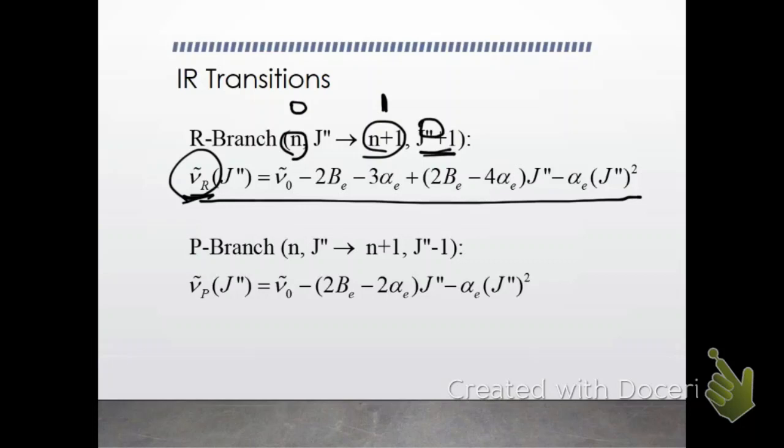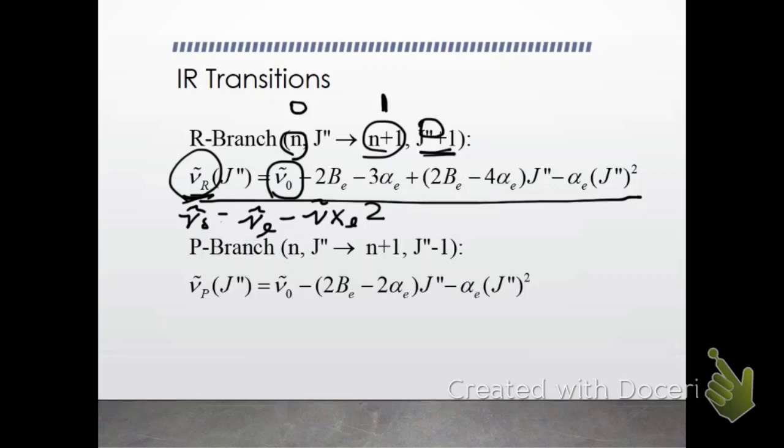It is important to note that for nu sub 0, you won't see the anharmonicity x sub e in this equation because we won't have enough data to determine that. So nu sub 0 is actually just very simply equal to nu sub e minus nu sub e x sub e times 2. Okay, so that's what nu sub 0 is equal to.